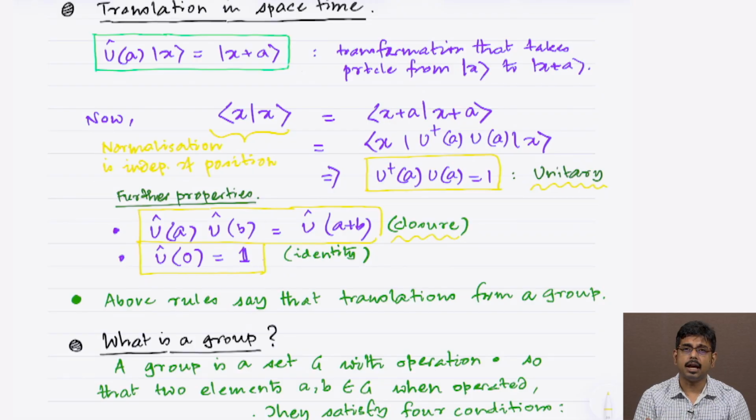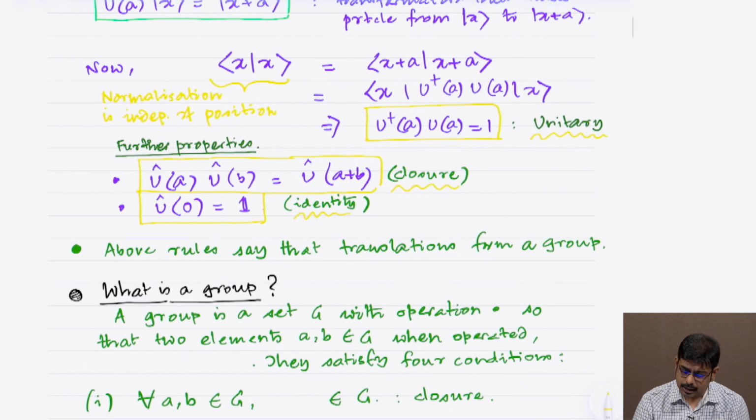So, that is like an inverse. So, this is called the inverse. So, you have a closure property, an identity, and an inverse, and this basically tells us that these transformations form what we call a group.